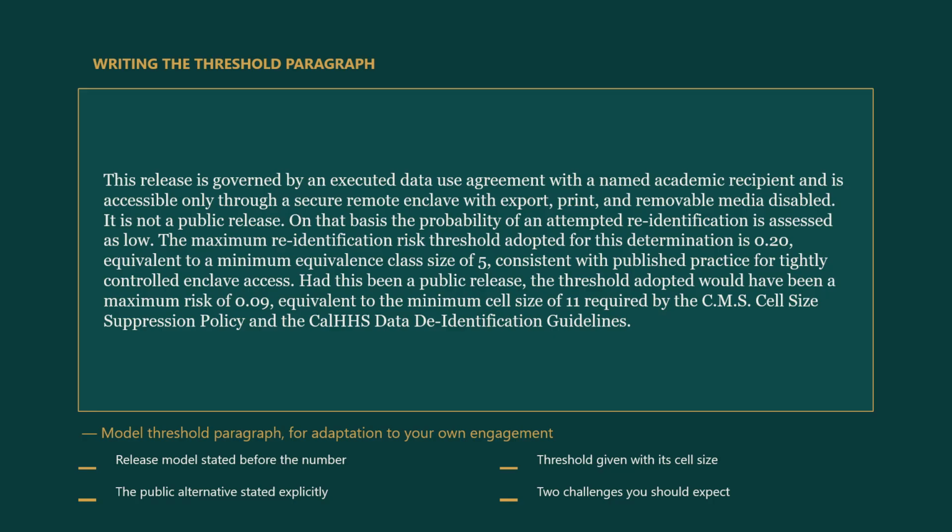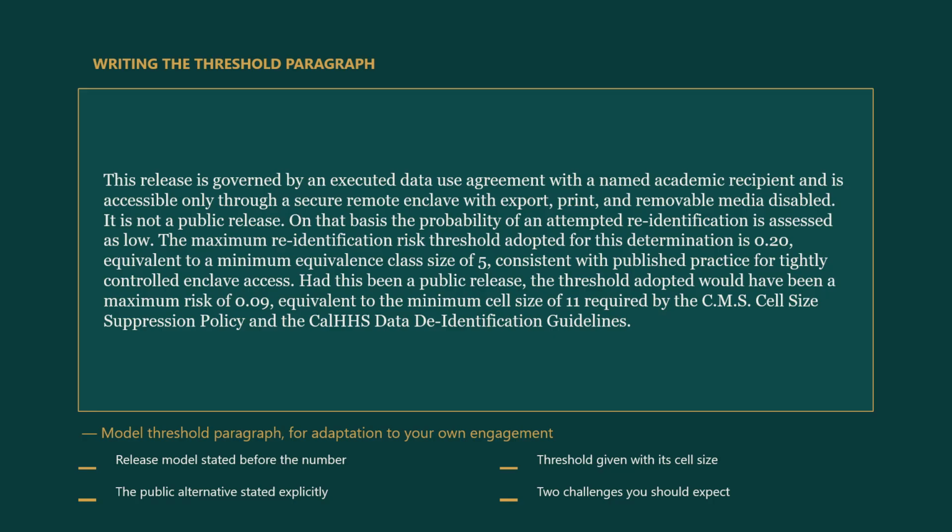It states the release model in the first sentence before any number appears. It names the controls it relies on specifically: export, print, and removable media disabled, not the phrase securely stored. It draws the context conclusion in words.